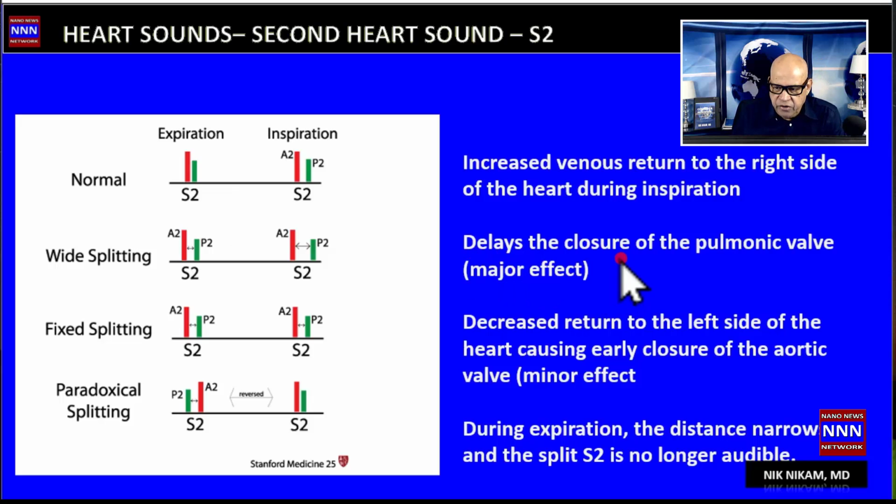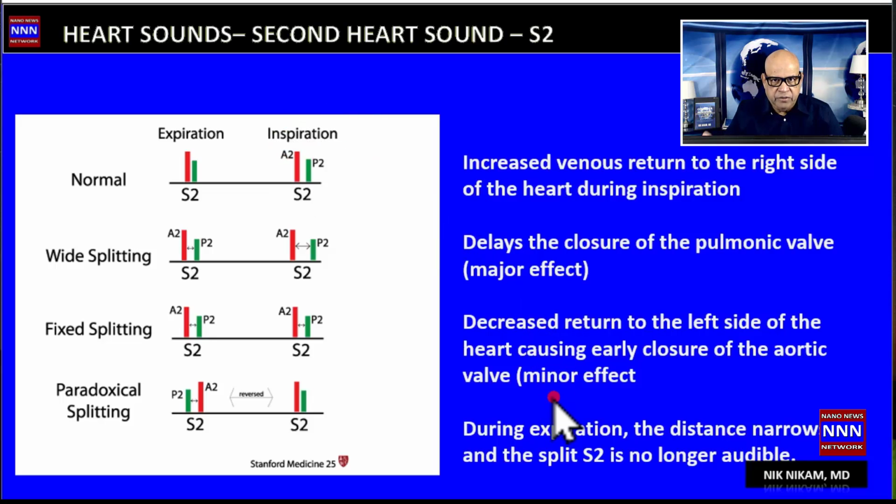So this delayed closure of the pulmonic valve is the major effect leading to the splitting of the second heart sound during inspiration. Along with that, because of the expansion of the lungs, there is venous pooling and less blood return to the left side of the heart, thus causing an early closure of the aortic valve, which is a minor effect causing for this split during inspiration.